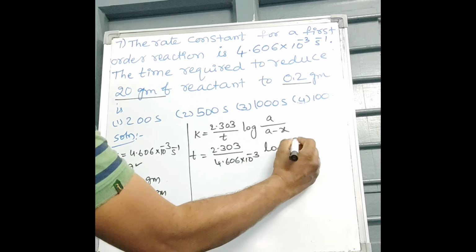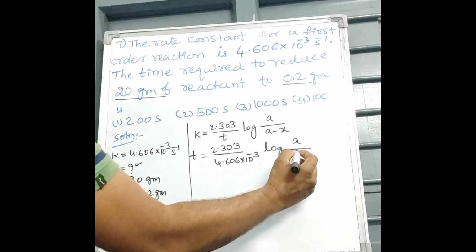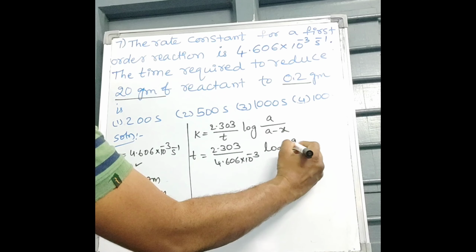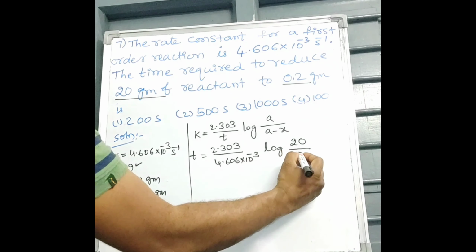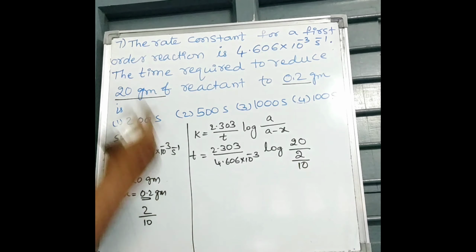Log of A by A minus X, 0.2 means 2 by 10. So A is 20 and 2 by 10.